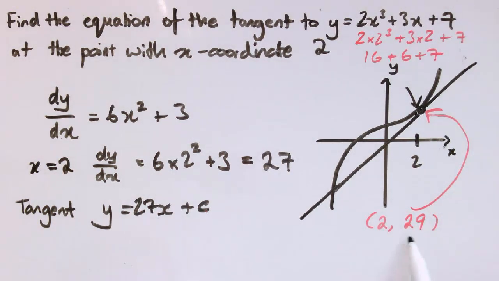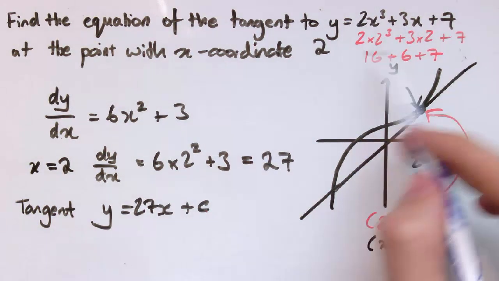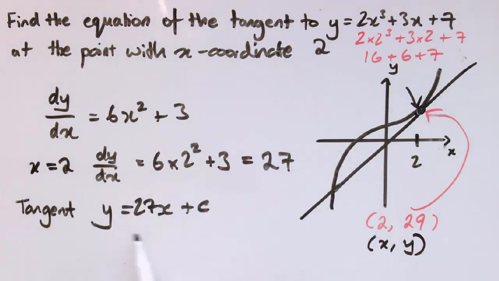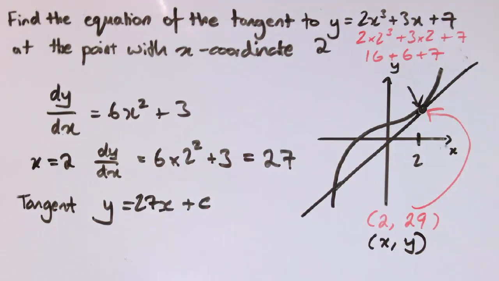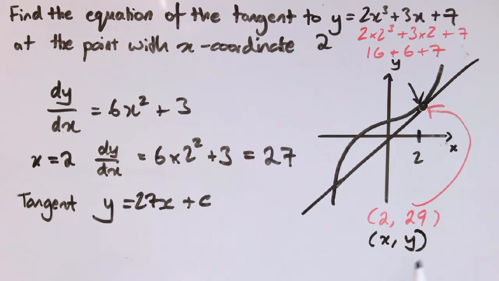So these values of x and y that obviously worked here for x and y also have to work in our equation for the tangent, right? So let's put in x equals 2 and y equals 29.